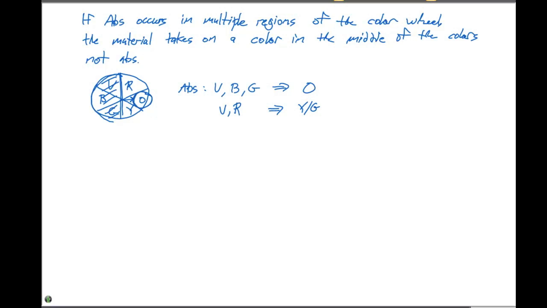So using the color wheel allows us to look at a particular color we observe to our eye, and then determine what the absorbance is and what wavelengths of visible photons that particular material absorbs.